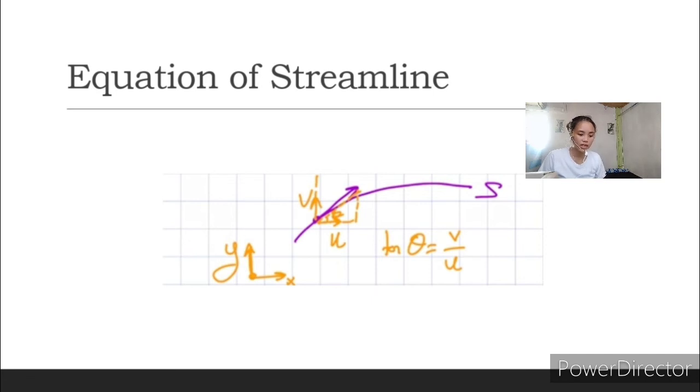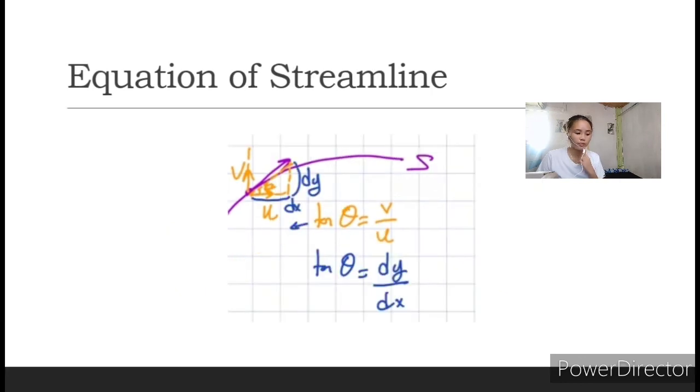And then on the right side, we have tangent of theta equals v over u. If we talk about the differential analysis from the distance here at the purple point to the curved line on the right, we have dx, and from dx to the purple arrow, we have dy. So in other words, we can derive tangent of theta equals dy over dx.